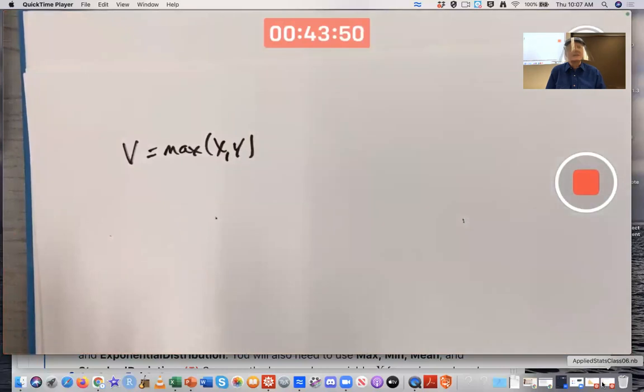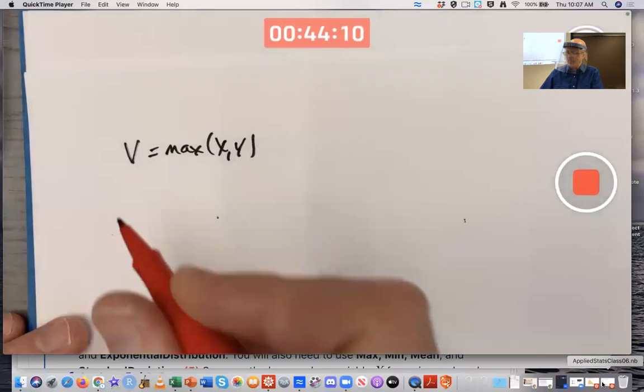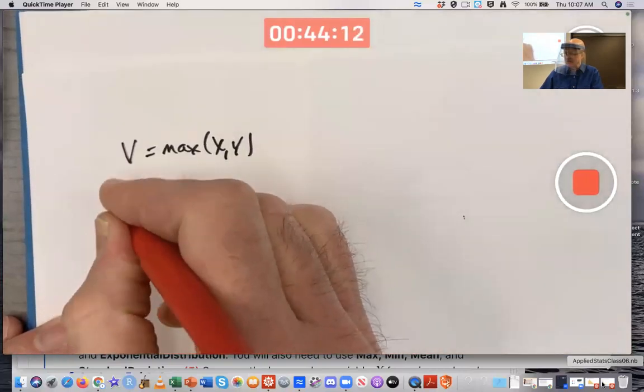You got to use the CDF method. Because well, it's actually a transformation of 2 variables instead of 1, for one thing. And it's a maximum. How do you differentiate a maximum? Can you? You got to use the CDF method.